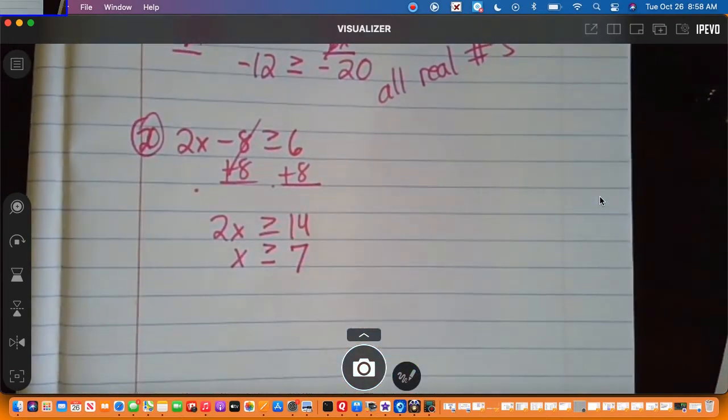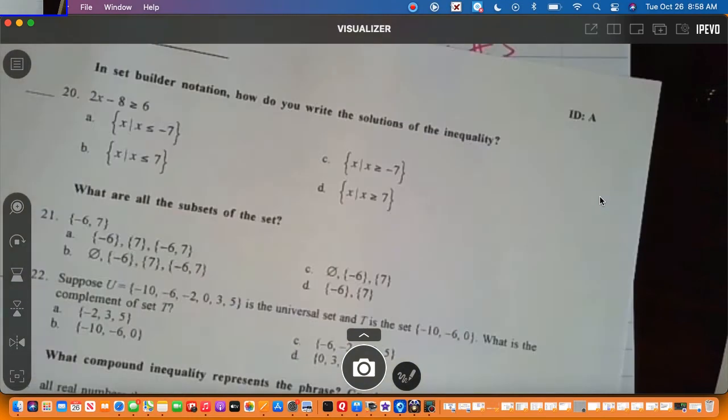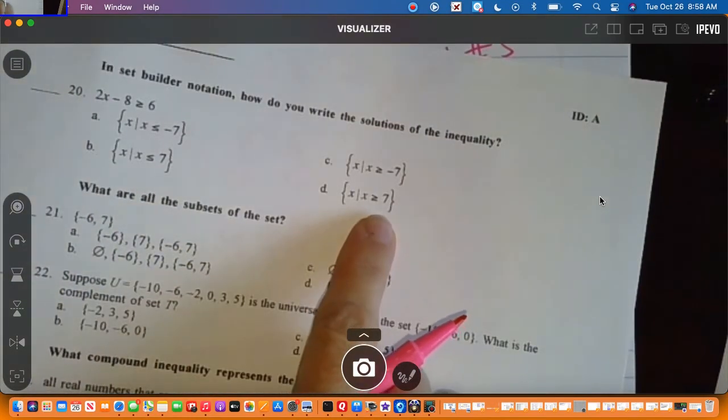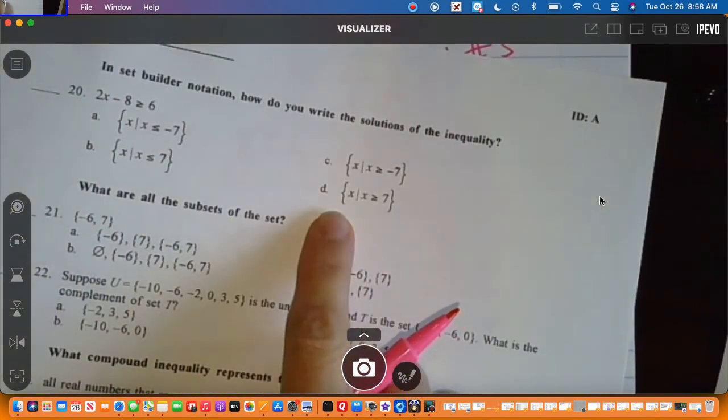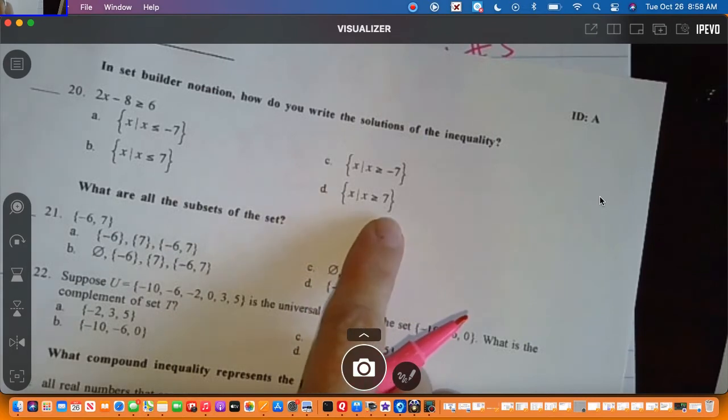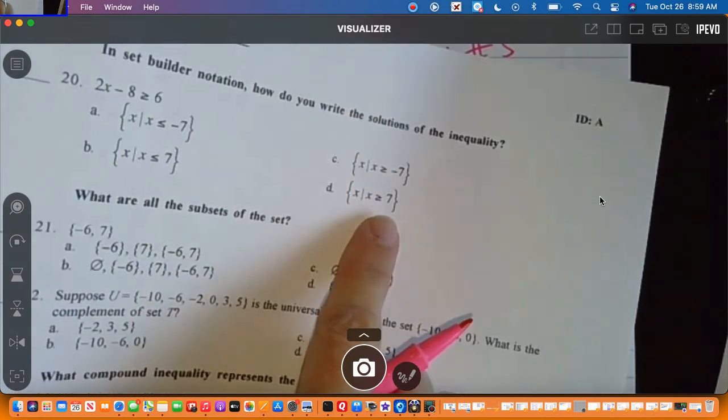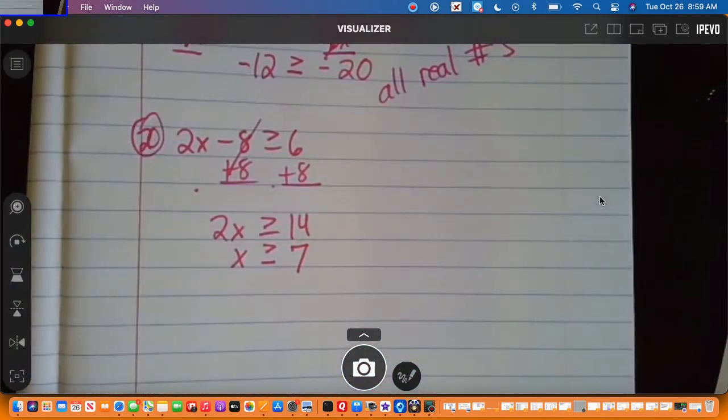Now on the study guide, which answer is that? Because it's a little different. It is D. If you look at it, the x is greater than or equal to 7. It's just set builder notation: x such that x is greater than or equal to 7. Did y'all get D? It's the same thing as what you're seeing, it just has the x in front.